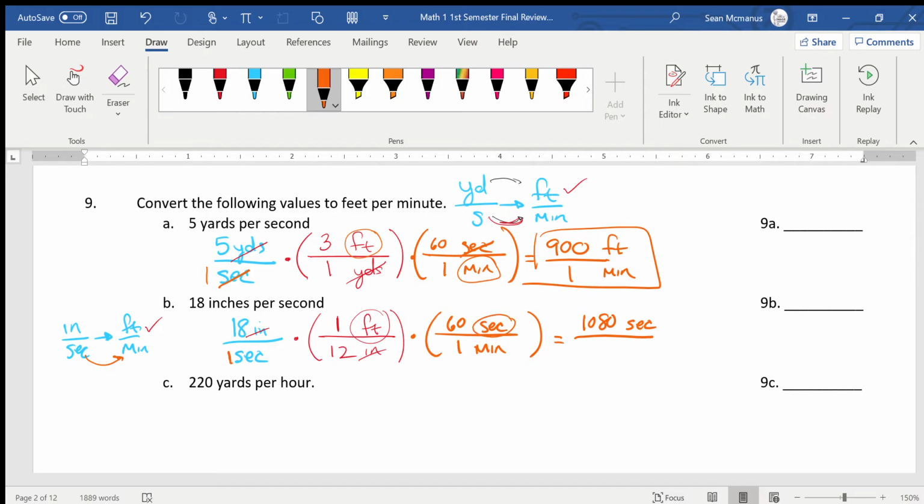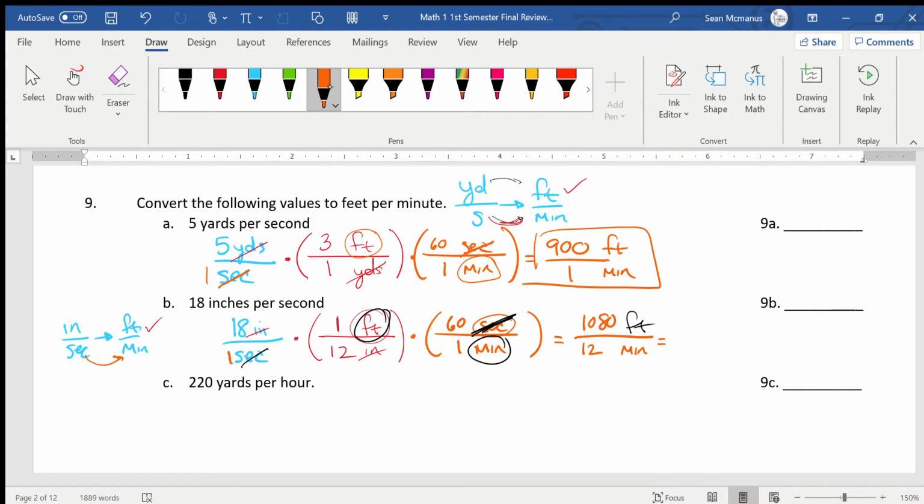Only units left here, right? Oops. I screwed up, hold on. Yeah, I didn't cancel them out. So I canceled here my seconds with my seconds. So the only units left are feet and minutes, which is what I want. So 1,080 feet per 1 times 12 times 1 is 12 minutes.